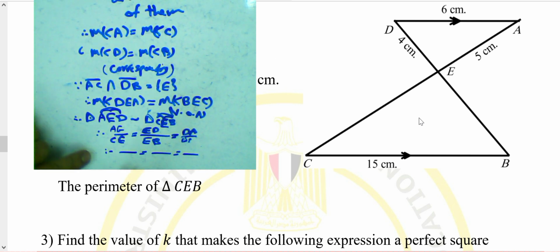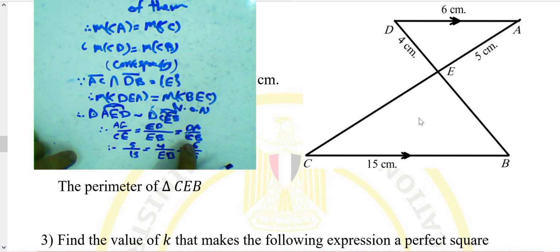Then we write the ratio: AE equals 5 centimeters, ED was 4 centimeters, DA was 6 centimeters, and BC equals 15.